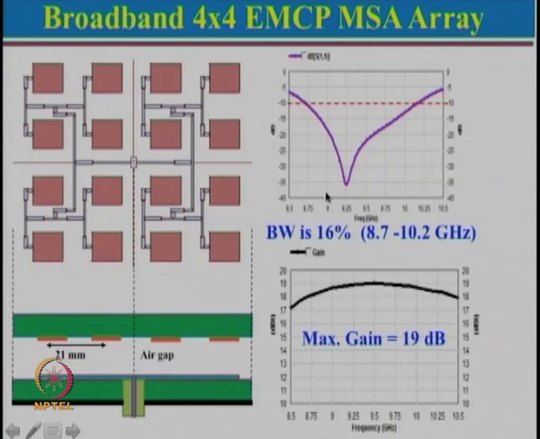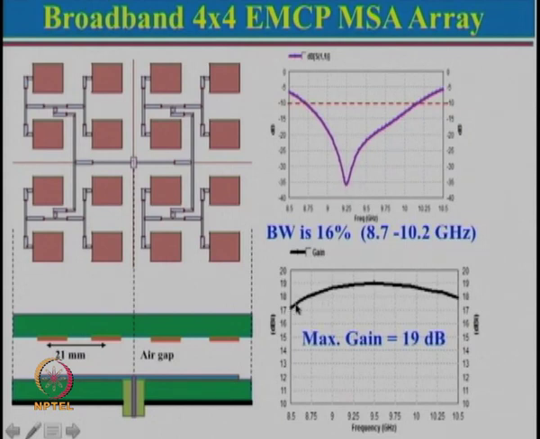But if you see corresponding to this here, you can actually see reflection coefficient is less than minus 20 dB. So, which really corresponds to about 1% reflected power, 99% transmitted power, and also VSWR equal to 1.22. So, you can see that it is a fairly broadband antenna, but just VSWR bandwidth is not sufficient. We should also look at the gain.